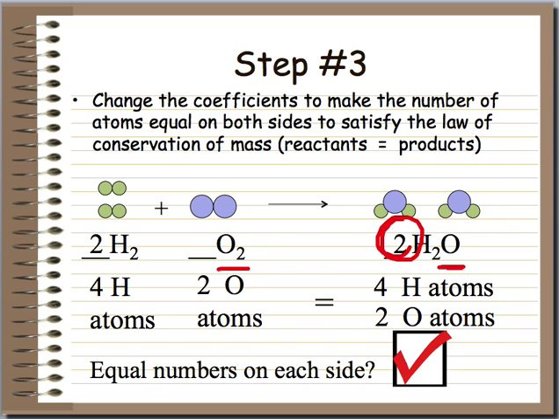When I look at hydrogen, I take my 2 times 2, and that gives me 4, because that's where I made that change. And now I do the same thing on this side. I put my 2 in as a coefficient on that side to make hydrogen equal. So now once again, 4 hydrogen atoms on both sides. 2 times 2 is 4.